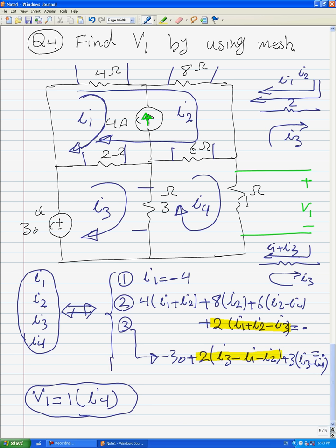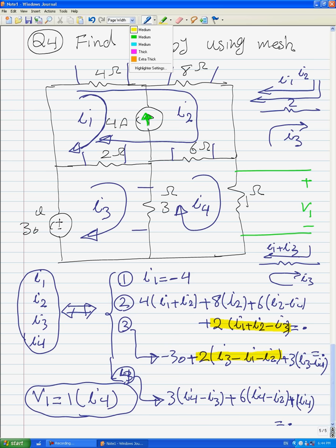Okay, and for equation 4, we can apply mesh in loop 4 and it should be 3 times (I4 minus I3) plus 6 times (I4 minus I2) plus 1 times I4 is equal to 0.